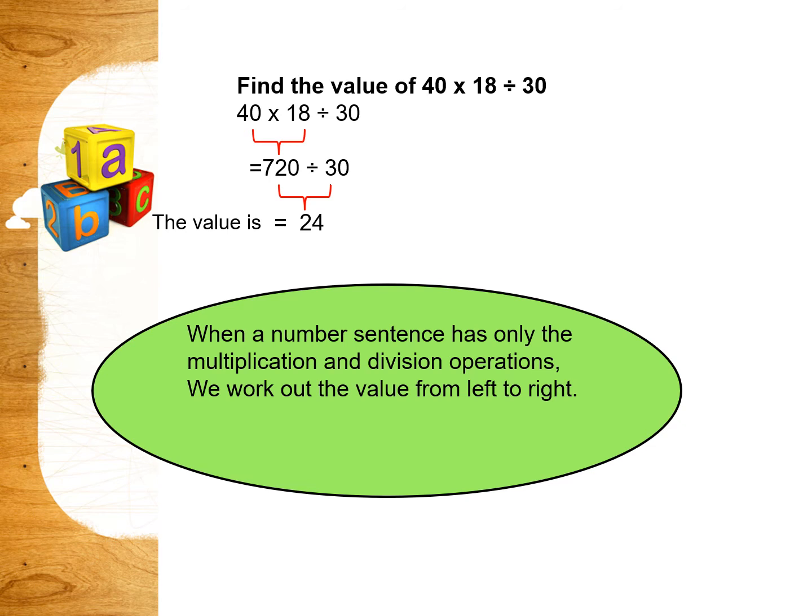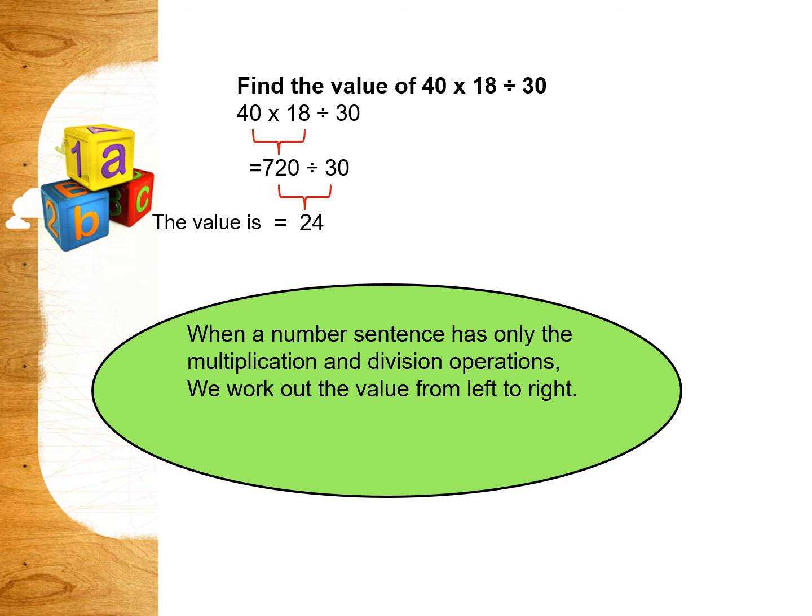First step, 40 multiplied by 80, then we get 3200. Now 3200 divided by 30.